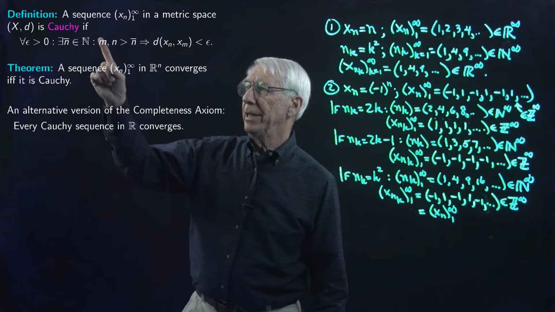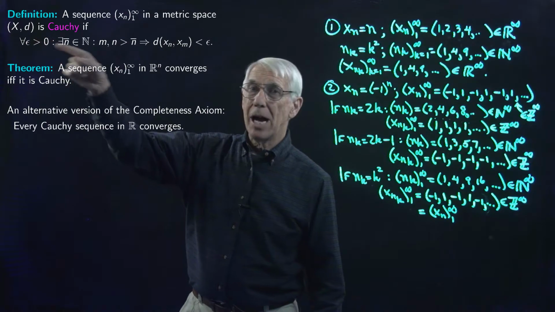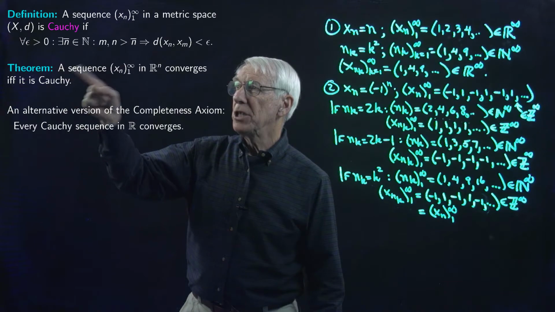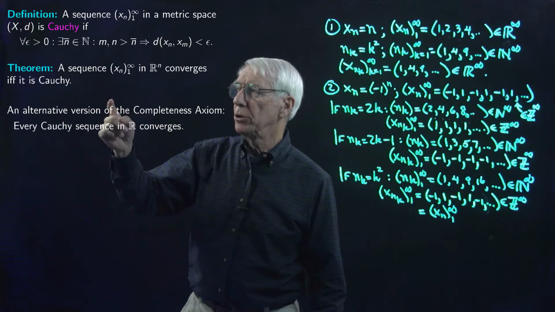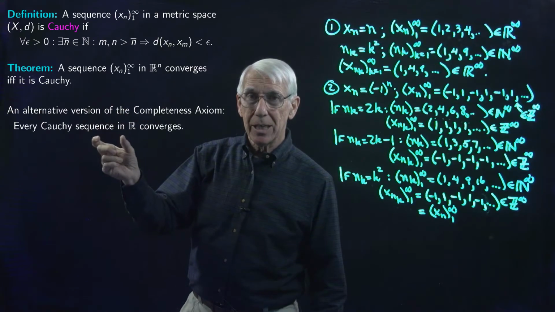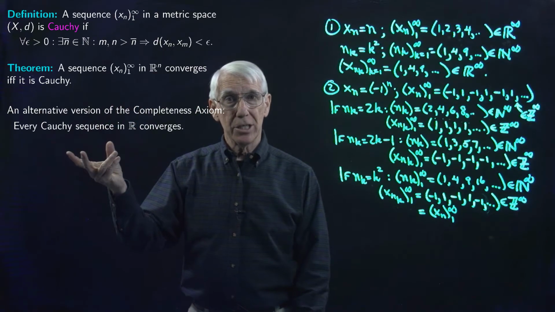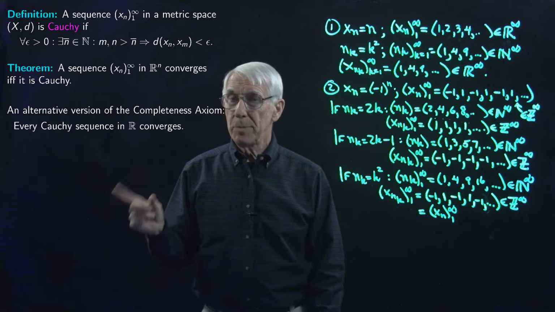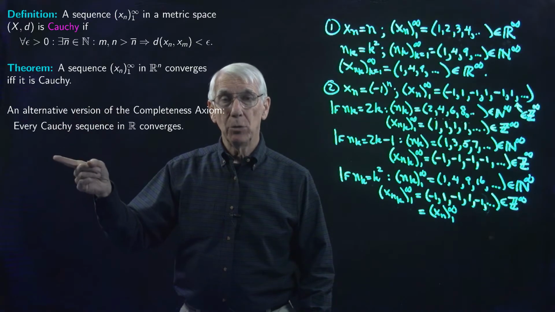So, of course, the definition up here just gives us a property that tells us whether it's Cauchy. The theorem says sequences in Rn, R as well, converge if they're Cauchy, but you're going to see in subsequent courses spaces, metric spaces, normed vector spaces, you're going to see spaces where Cauchy sequences actually don't converge.